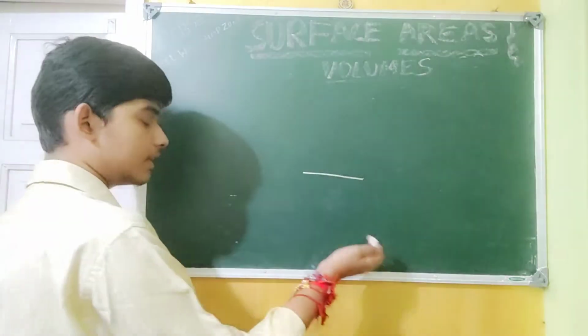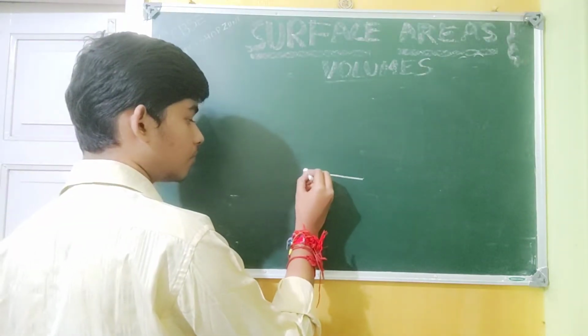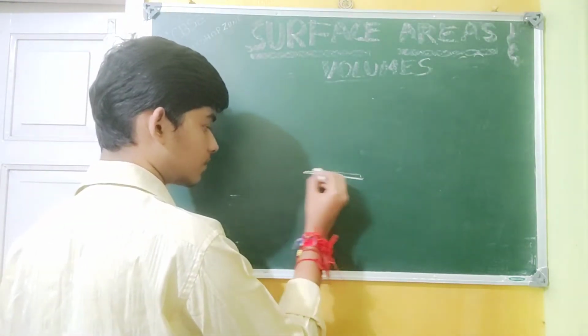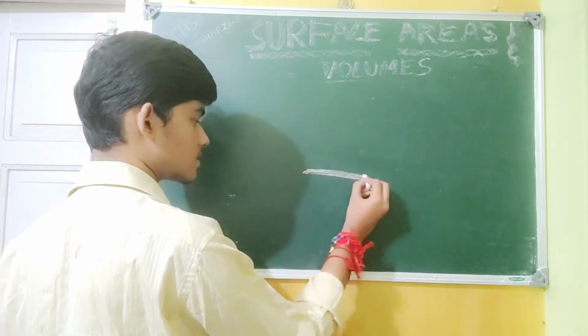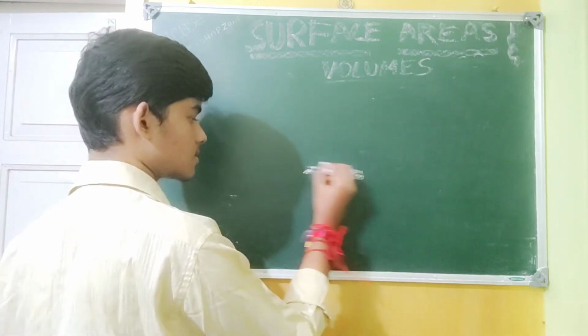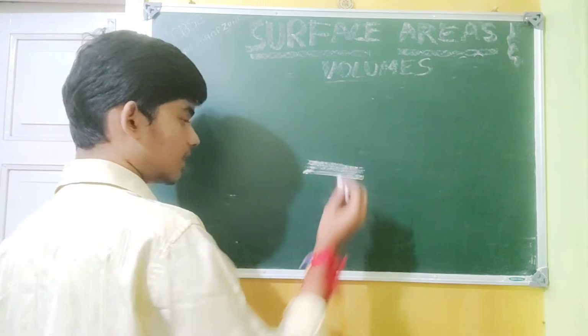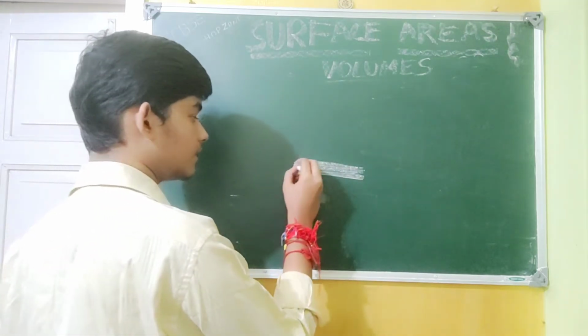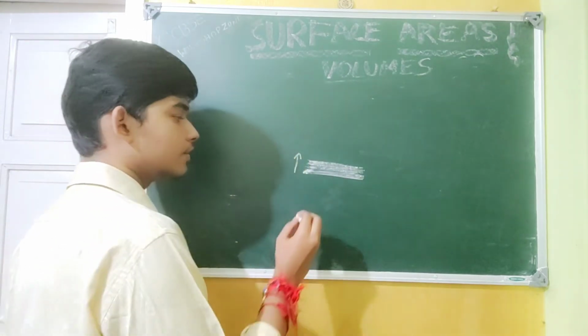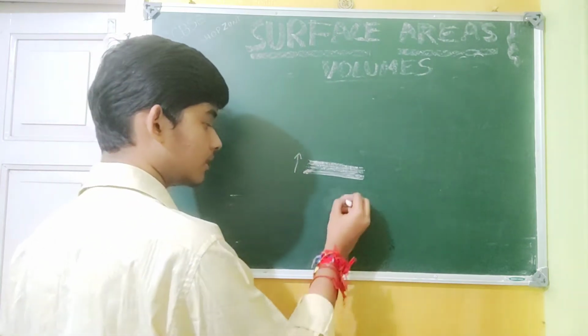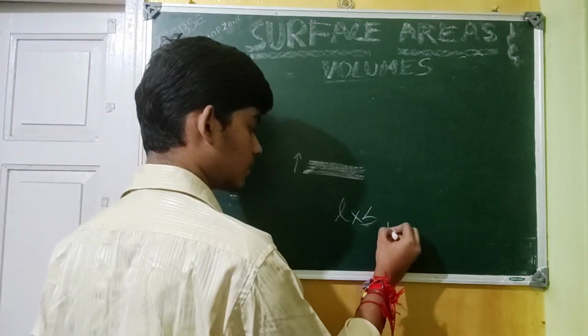But imagine we start stacking multiple of these square sheets. Now we have a new measurement, which is the height. So now we have to multiply not only the length and the breadth, but also the height.